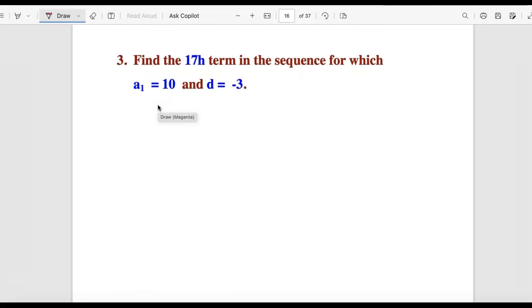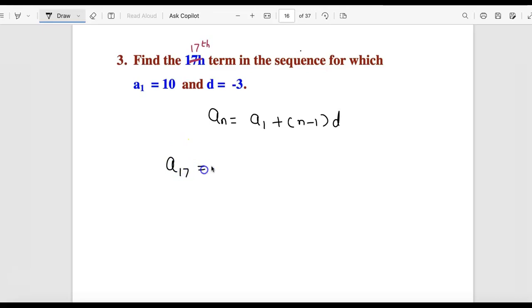Next problem says find the 17th term. So this is your 17th term in the sequence for which a sub 1 is 10 and d is negative 3. Now what you know is the general formula: the formula to find the nth term is your first term plus n minus 1 times d. In this case, we have to find the 17th term.